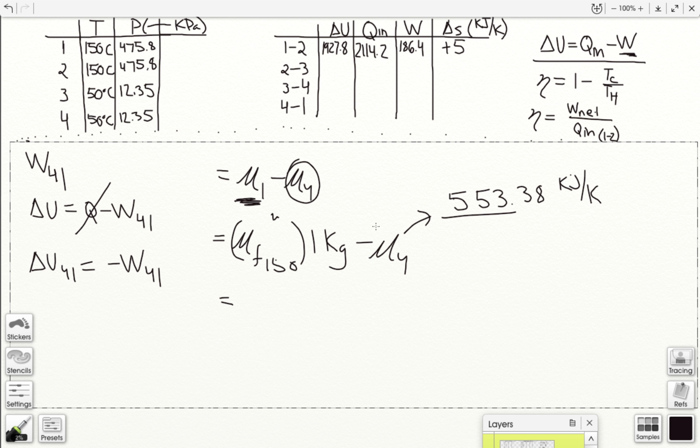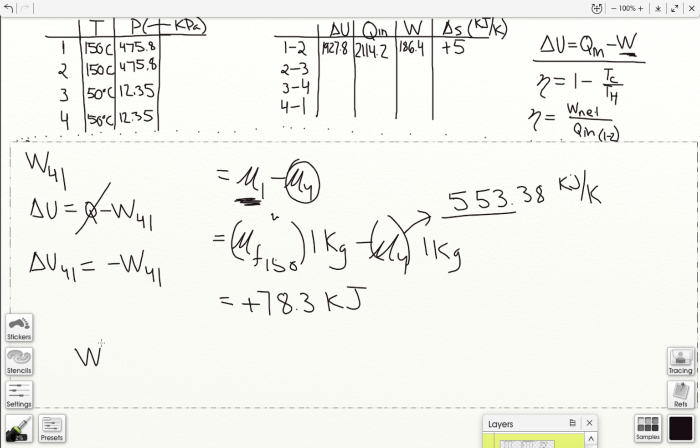And again, we'll multiply this by our 1 kilogram. So this will come out to be, sorry, positive 78.3 kilojoules. And so that means that our work from 4 to 1 is negative 78.3 kilojoules.